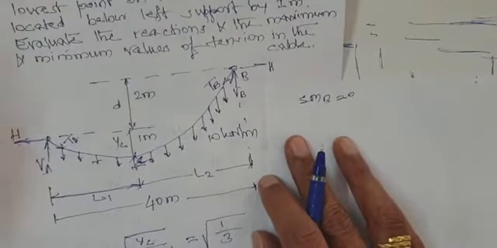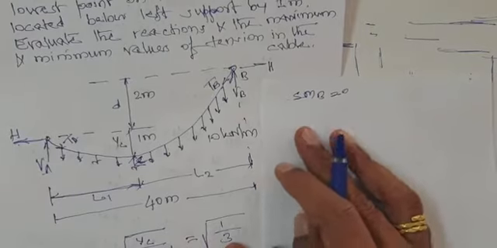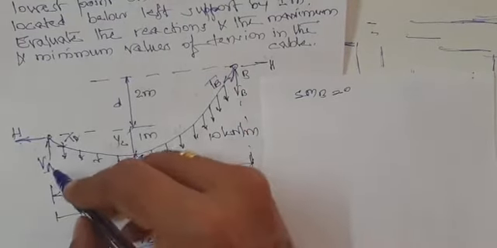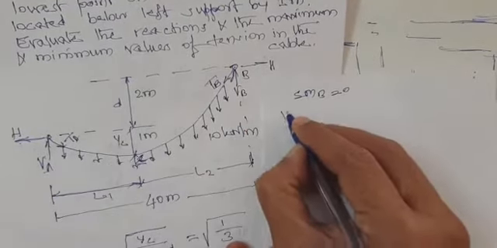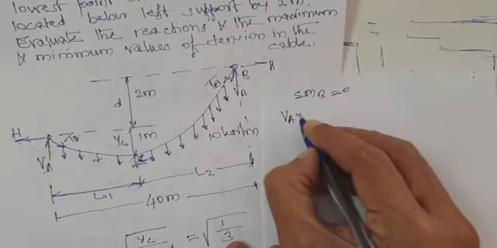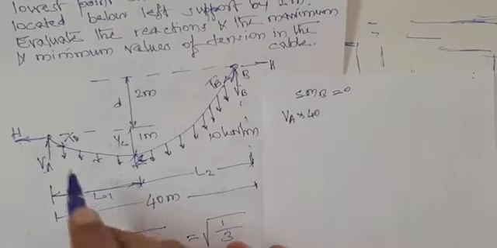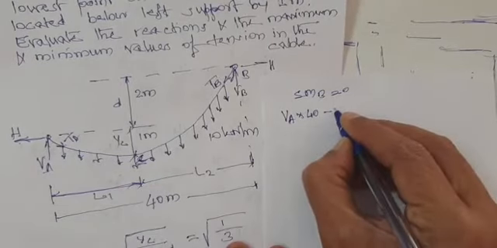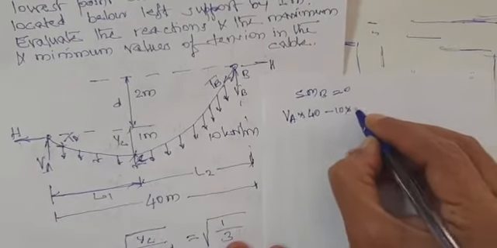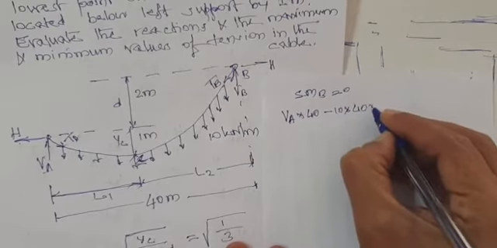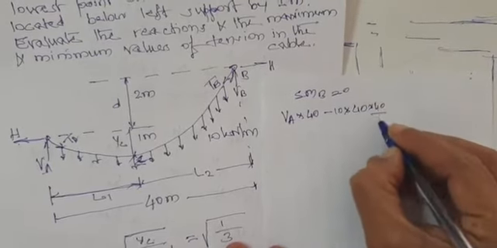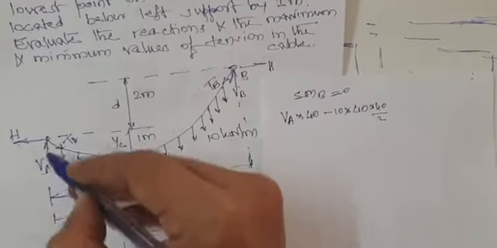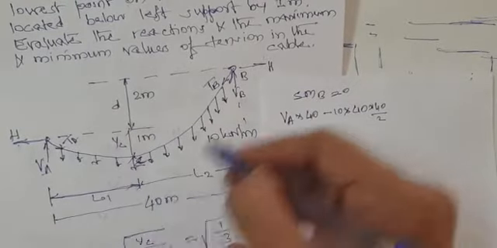If you take the algebraic sum of moments of all the forces about B, first VA causes clockwise moment, VA into 40, because you are taking the moment about B. Then this UDL, as usual, it is minus 10 into 40 into 40 by 2. Okay, this is clockwise, this is anti-clockwise.